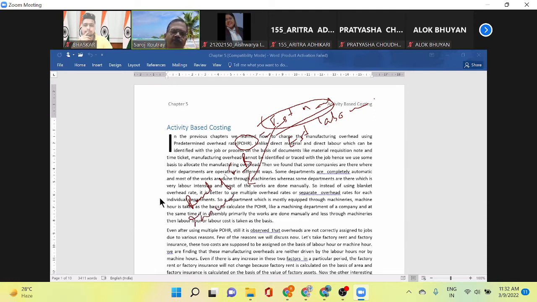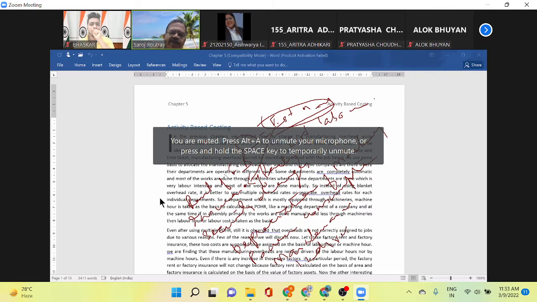insurance of factory assets, security charges, depreciation of machinery, power consumption, maintenance, indirect material and labor.